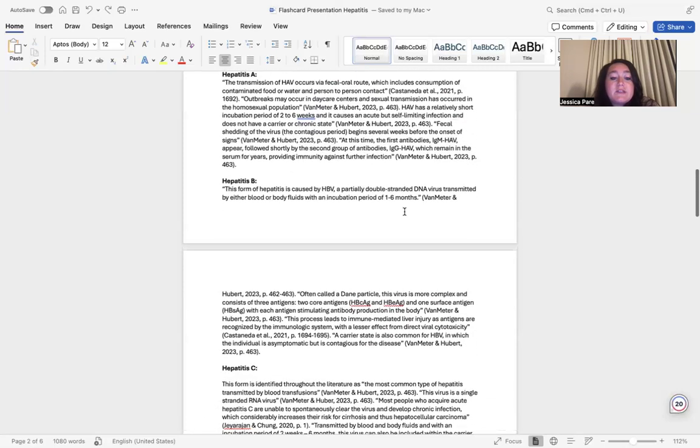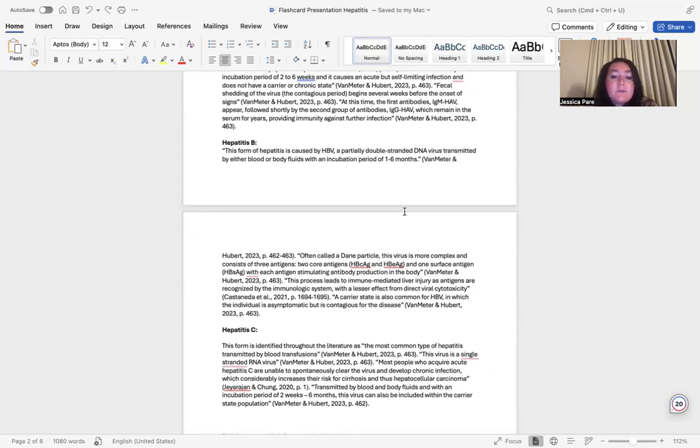Then we're going to move towards hepatitis B. This form of hepatitis is caused by the hepatitis B virus, or HBV, which is a partially double-stranded DNA virus transmitted by either blood or body fluids with an incubation period of 1 to 6 months. Often called a Dane particle, this virus is more complex and consists of 3 antigens: 2 core antigens, HBcAg and HBeAg, and 1 surface antigen, HBsAg, with each antigen stimulating antibody production in the body.